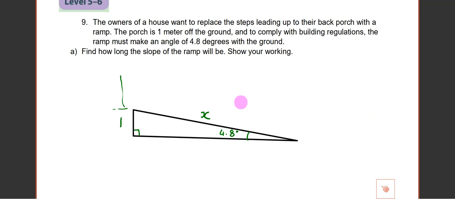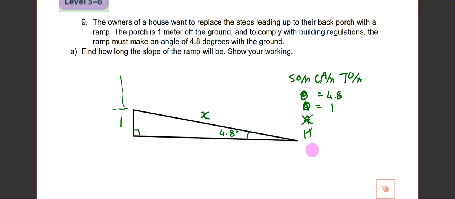So I look at that, I've got a right angle triangle, I've got an angle, I must use SOHCAHTOA. Theta is 4.8. The opposite side is 1. The adjacent I don't know at the moment, I don't care. The hypotenuse is what I want to know. So it's not TOA.